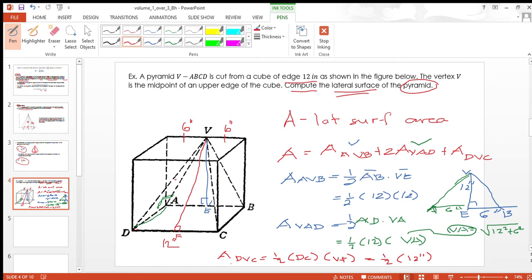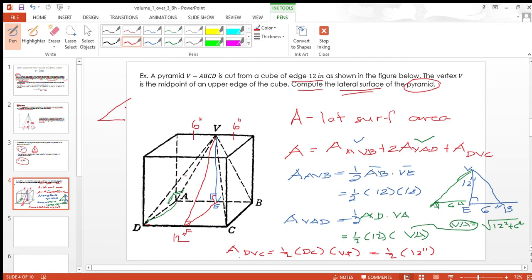Look at this. I can connect this, forming another right triangle, your triangle VFE. If you redraw that, V, F, and then E. You have V, F, E. This is 90 degrees.